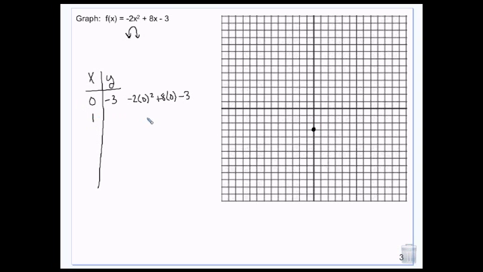And then if I plug in 1, I get -2 plus 8, so that's 6 minus 3 is +3. And as you can see, I'm on an upswing here, so you can tell the graph is going to do something like that, right?